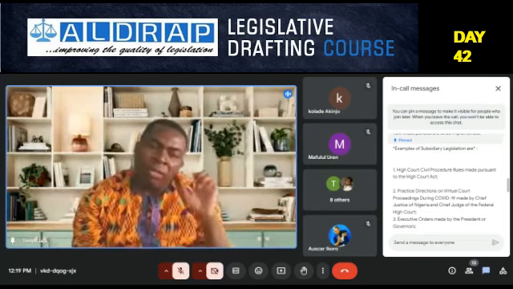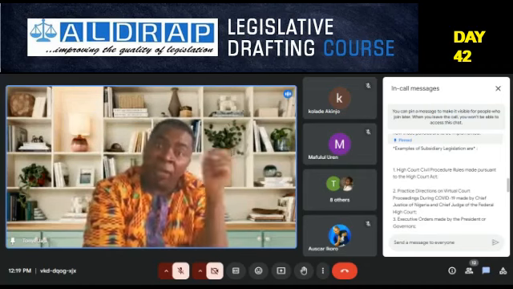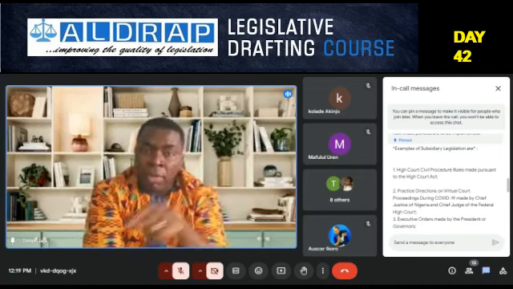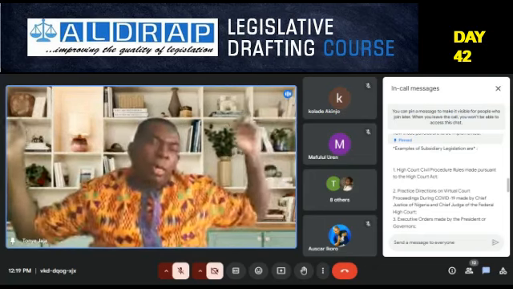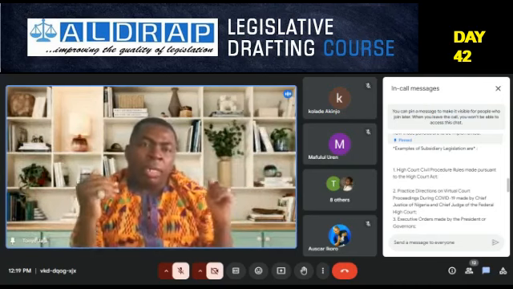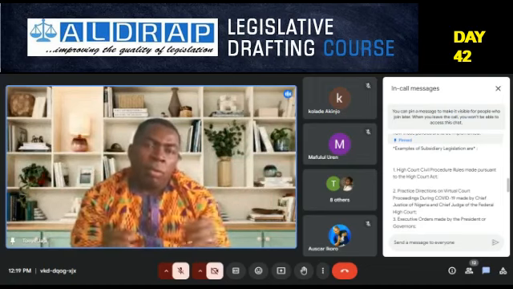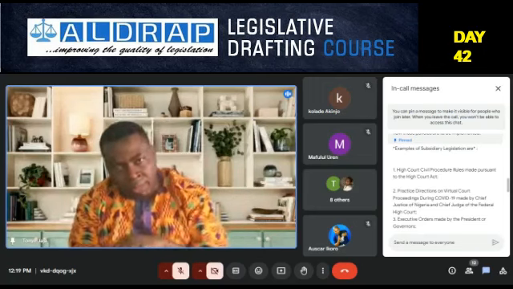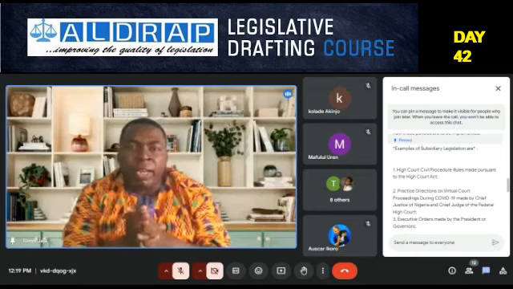So when you're drafting the enacting formula for the bylaw, you have to refer to the primary legislation, that section. You don't just say the Nigerian National Petroleum Corporation Act. No, you say section 23 of the NNPC Act. By virtue of powers conferred.